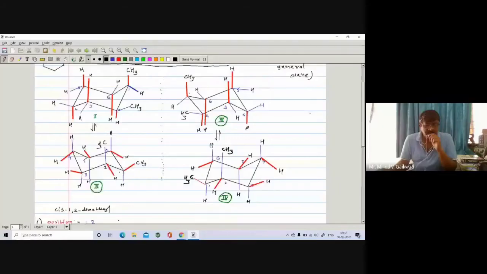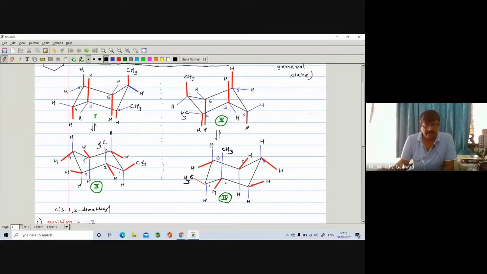So 1 and 2, these are the conformational isomers of each other. Similarly, third and fourth, they are also conformational isomers of each other, right?